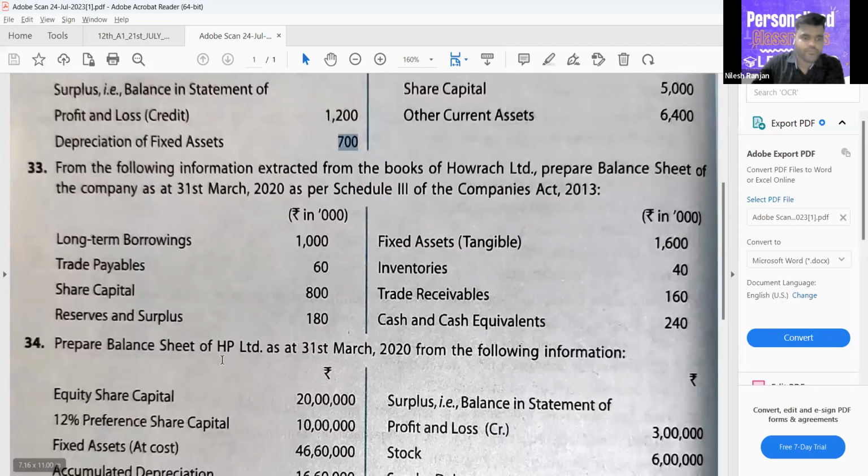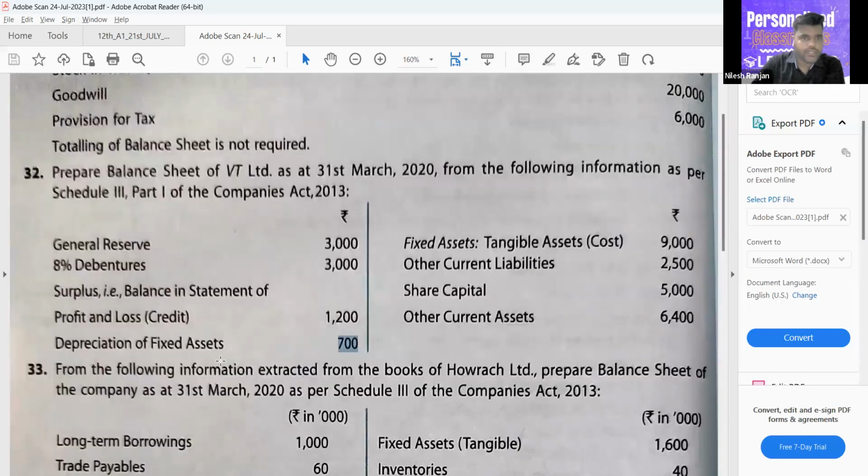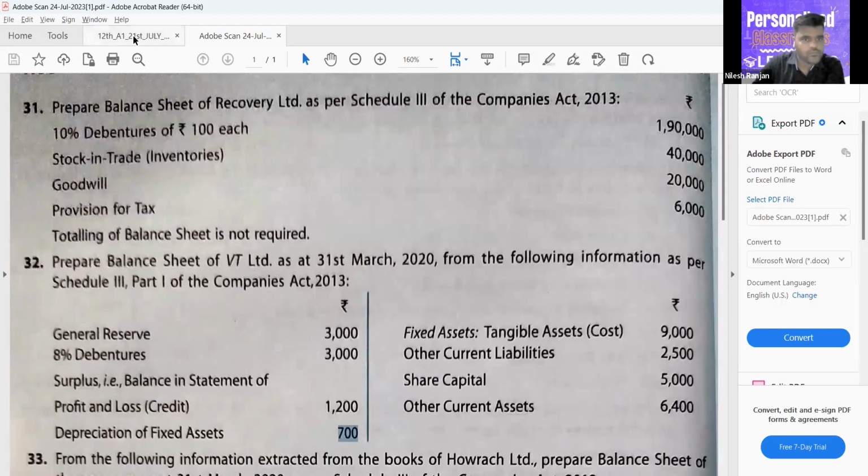Let me check the previous class homework.